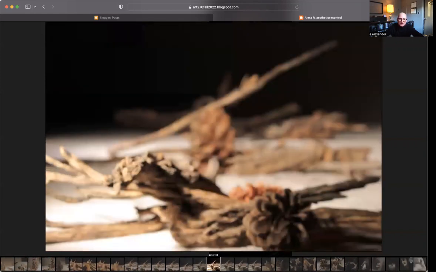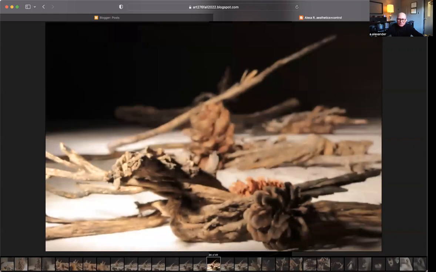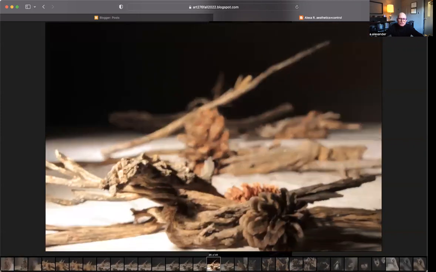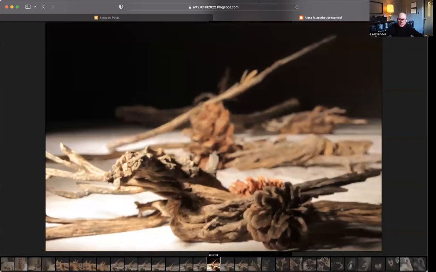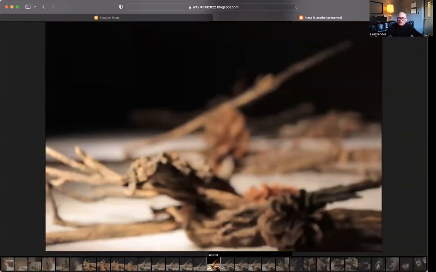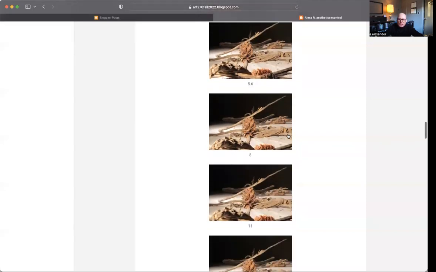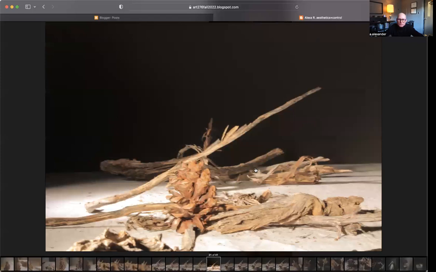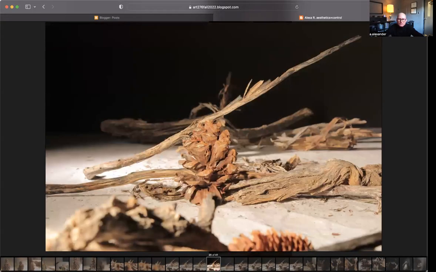Can you see how we go 1, 2, 3, and that one has the most depth of field? Maybe 1, 2, yeah. It looks like you had f/5.6, 8, 11, 16, 22. 22 should be very much in focus here.